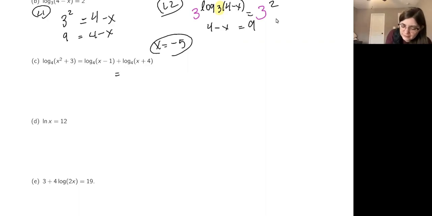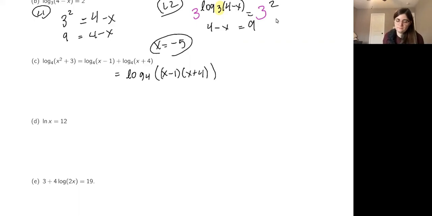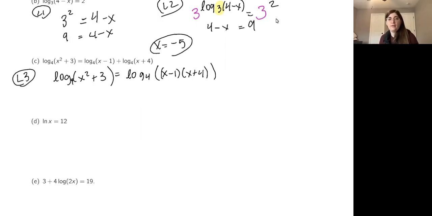So on my right-hand side, I'm going to write this as log base 4 of x minus 1 times x plus 4. And on my left-hand side, I'll get log base 4 of x squared plus 3. That was using L3. I had to combine using my first log law on the right-hand side.